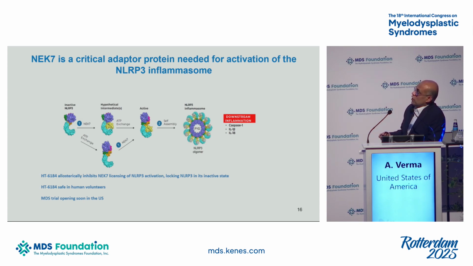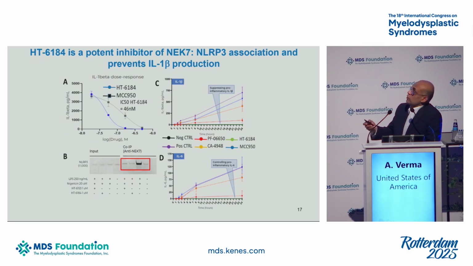This inhibitor locks NLRP3 in its inactive state and has been shown to be safe in human volunteers, and we expect the human trial to open in low-risk MDS hopefully this year.